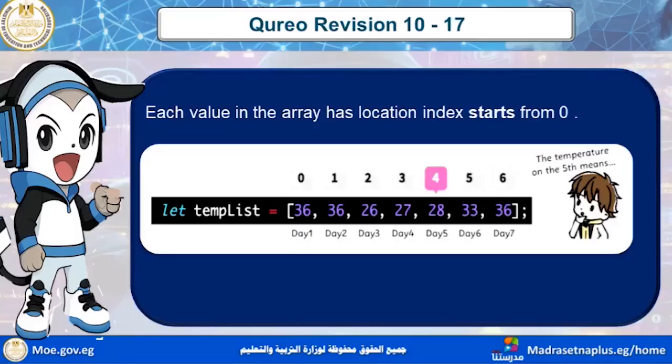Values start from position 0, then 1, and so on, so the temp list consists of 7 items. We have here two values which are the same, located in position 0 and position 1. Each value in the array has a location index that starts from 0.